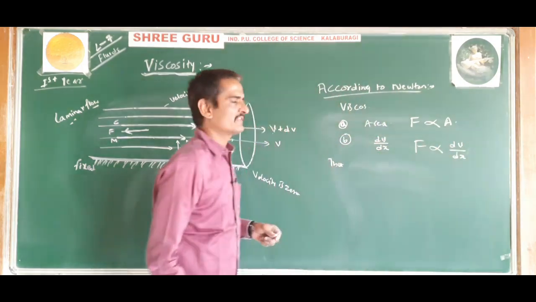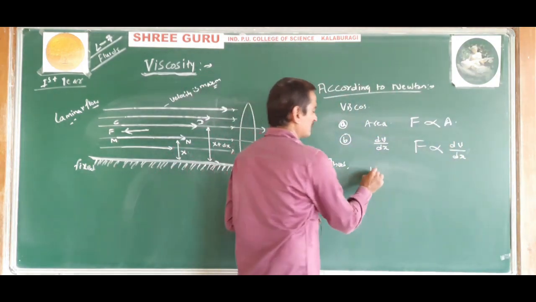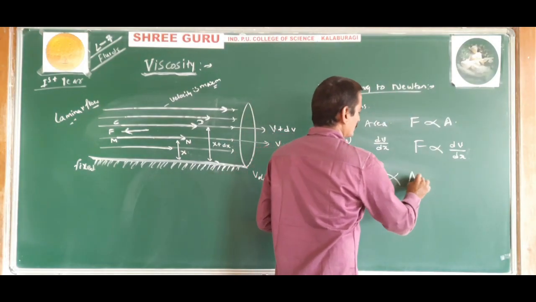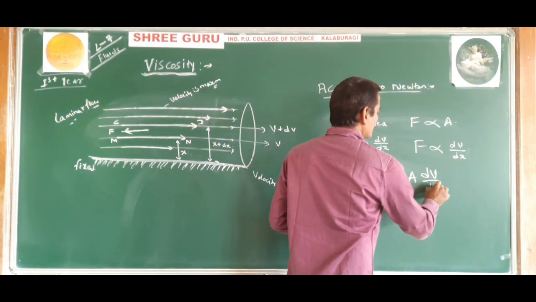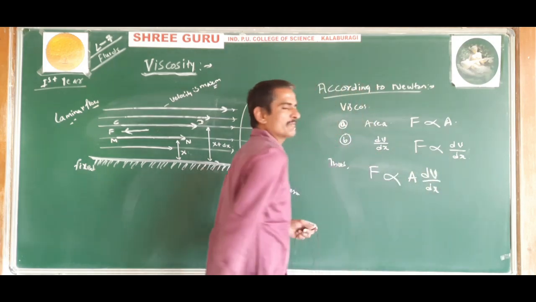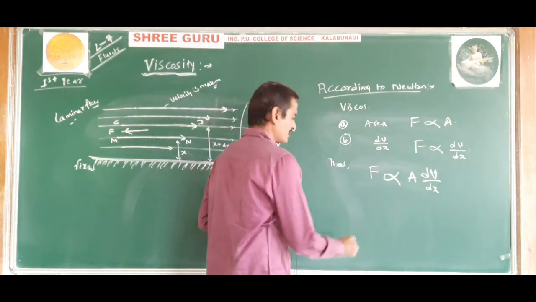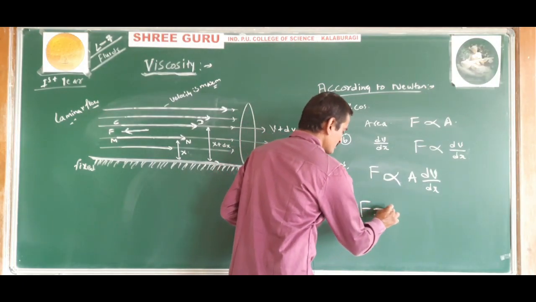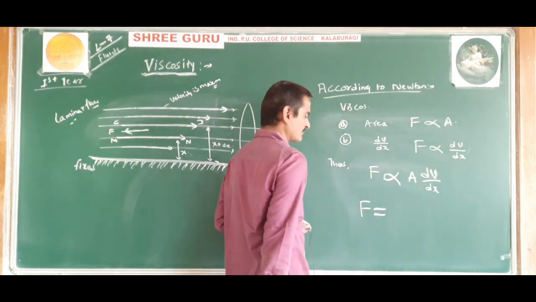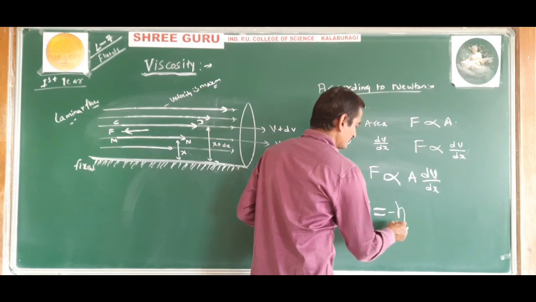Combining these two, F is directly proportional to A dV by dx. Now remove the proportionality sign and write a constant. So F is equal to a constant, and that constant I will write as eta.